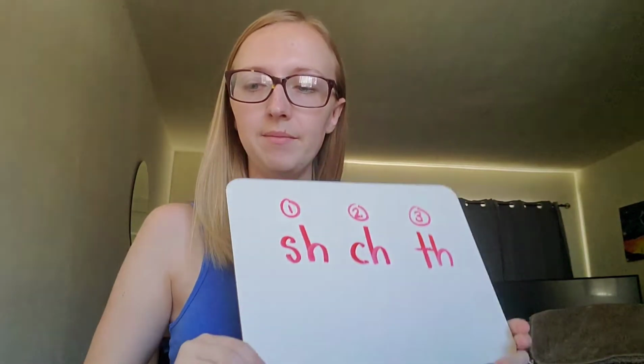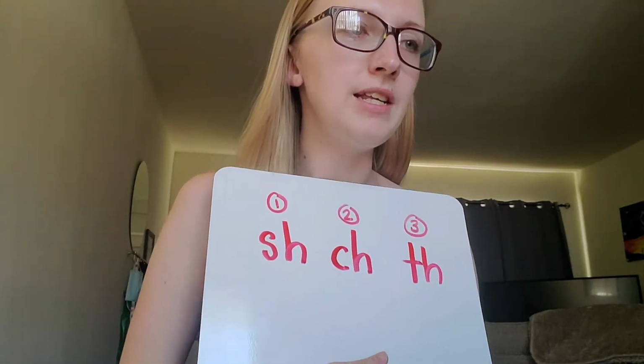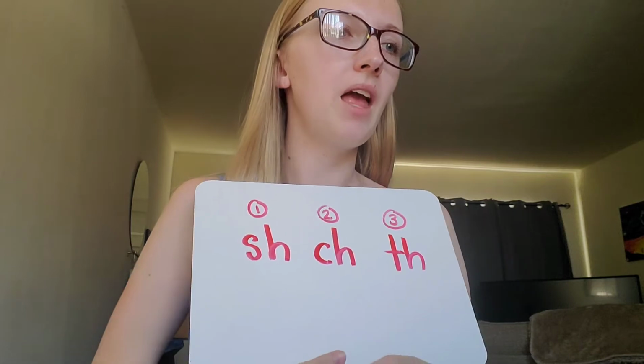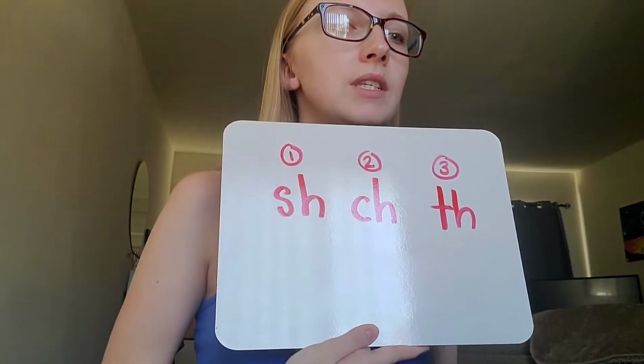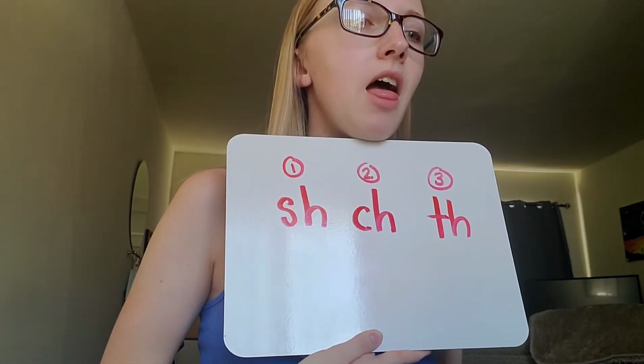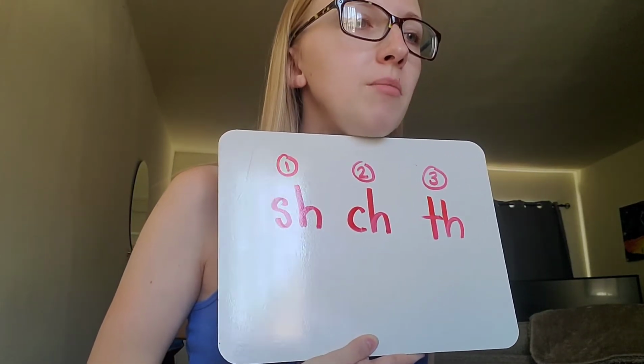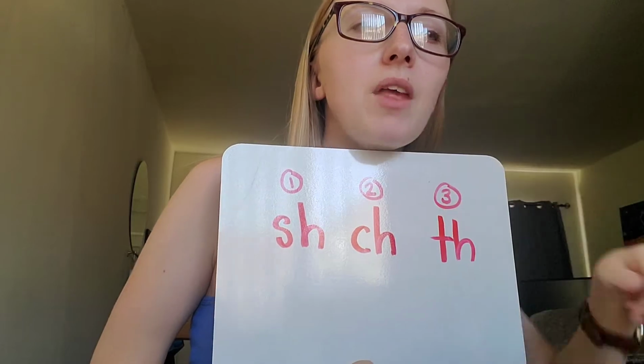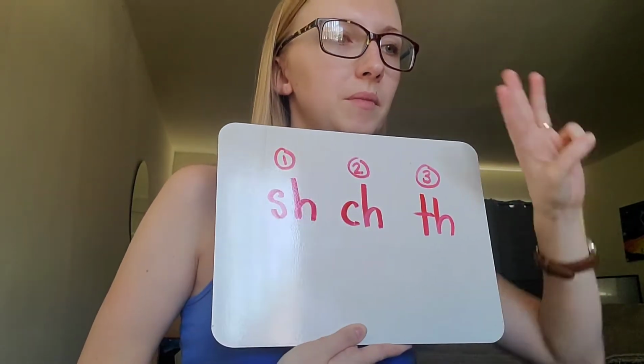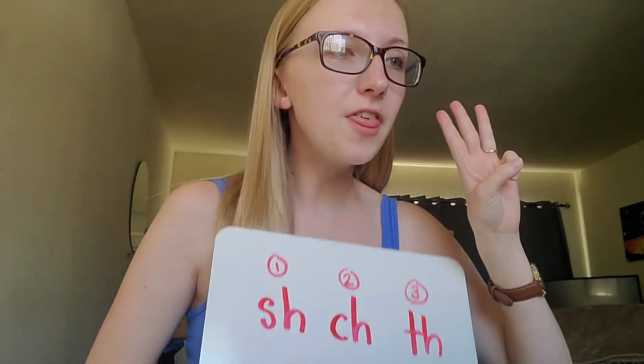Let's stretch out that word. Ch. Ess. Chess. Okay? All right. Our next word is thumb. Thumb. What sound do you hear at the beginning? Thumb. Look at my mouth. Thumb. Sound number 3.